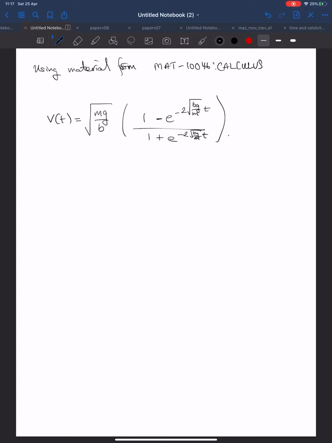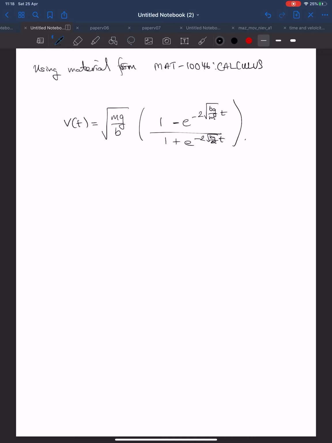What we get is the following. So I take this, and what I'll do is I'll take out a factor e to the minus square root bg over m t in numerator and denominator. And what you'll see is the following. You'll see this now gives you this.